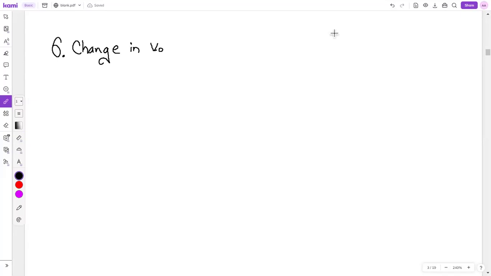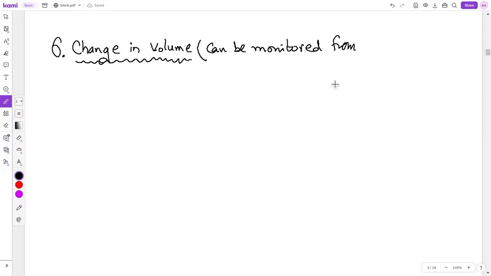That change in volume can be monitored from the change in number of moles in the balanced chemical equation.